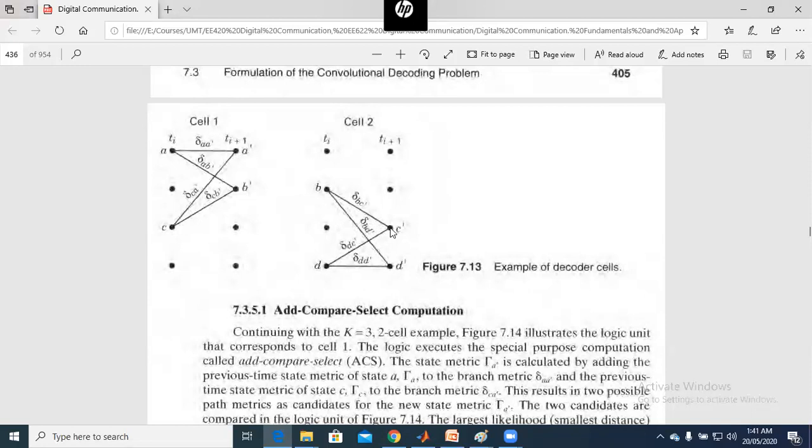Similarly, 2 paths merge at C dash state and D dash state. So we will keep the Hamming distance of the previous path, which is delta A, and we consider the Hamming distance of this branch into it, and we calculate it.